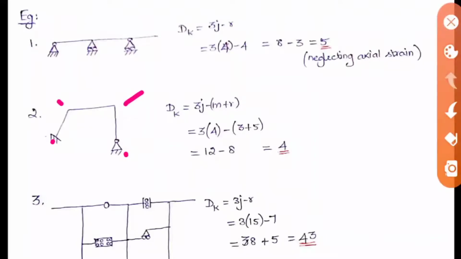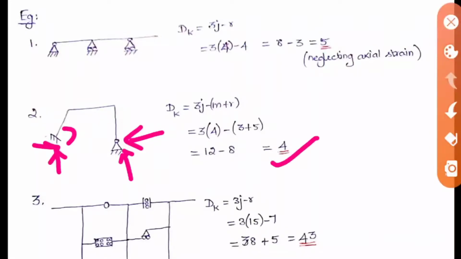So 4 joints are there, so 3 into 4 minus 3 members, plus the reactions. It is a fixed support at the left end, so one horizontal, one vertical and one rotation, that is 3. And this is a hinged support, so one horizontal and one vertical, so totally 5 reactions. So 12 minus 3 minus 5, and the answer is 4 here.